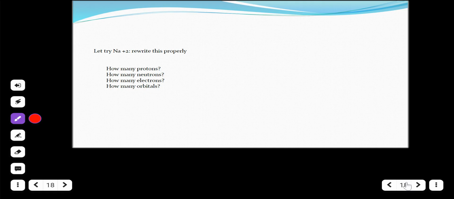Let's try a different one. Sodium with a charge of +2. How many protons does sodium have? 11. How many neutrons does sodium have? 12.